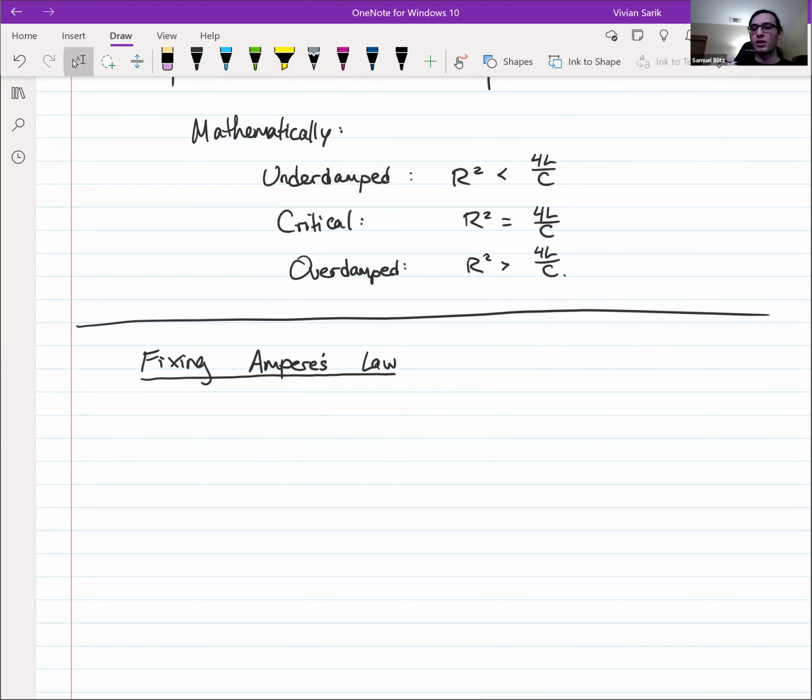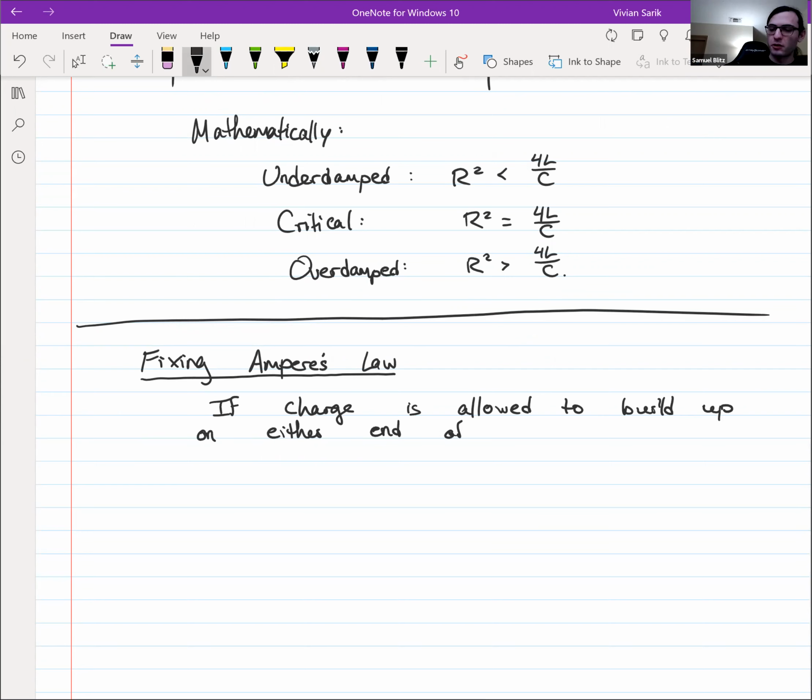So the issue is, if charge is allowed to build up on either end of a finite segment of wire, how do we apply Ampere's law?